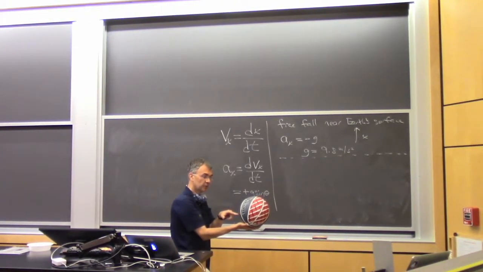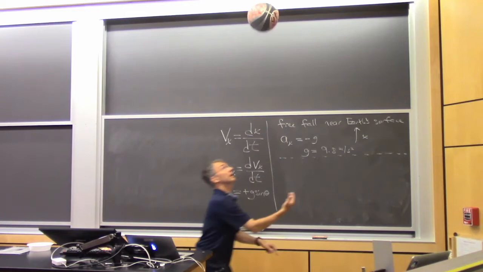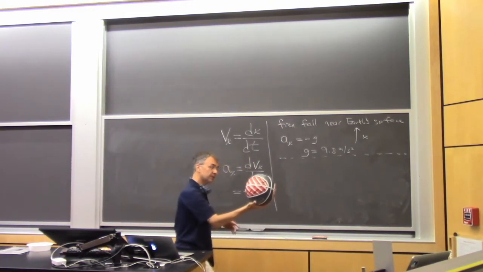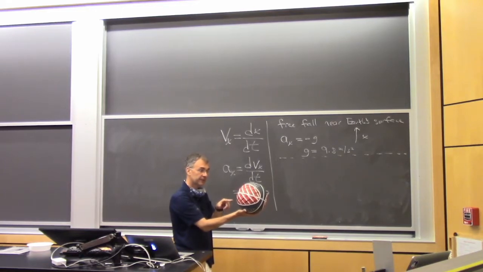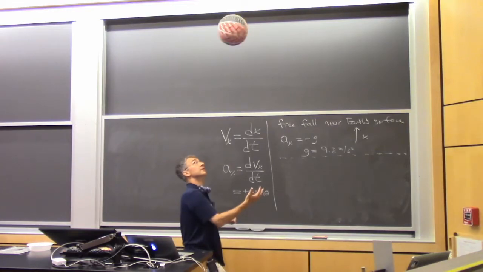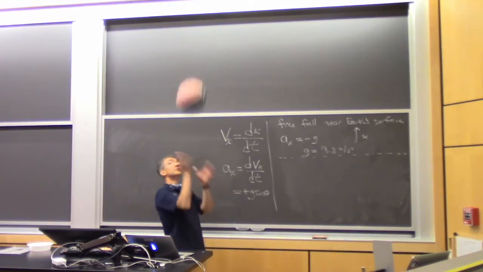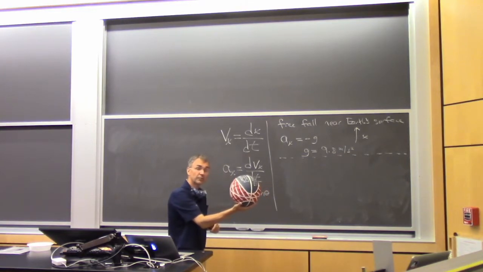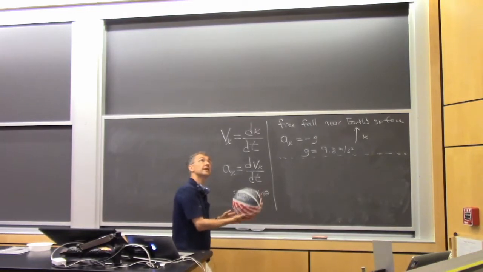And then you want to know what happens from the instant just after I release the ball until the instant just before I catch the ball. And I claim during that whole time, the only influence acting on the ball is Earth's gravity. So during that time, the acceleration is downward.